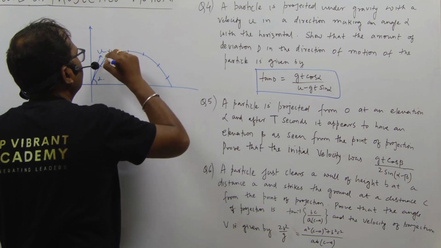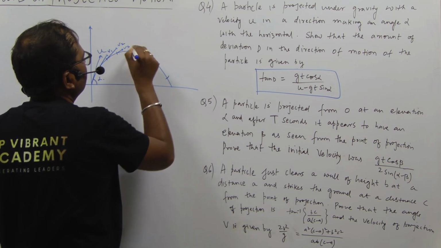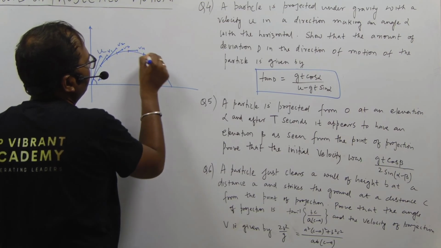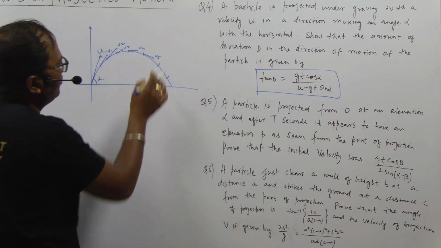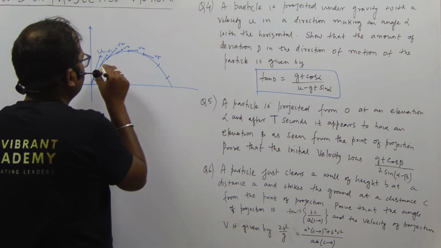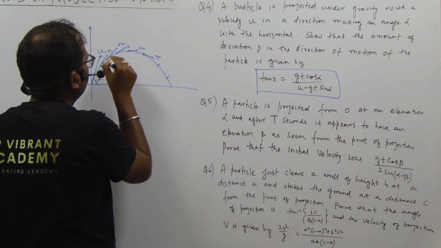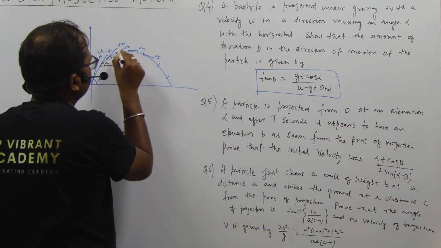So this is v1, let us consider this as v2, this as v3, v4, v5. At every point the velocity is changing, and its inclination with the horizontal is also changing. Let us consider this as alpha 1, this as alpha 2, this as alpha 3.